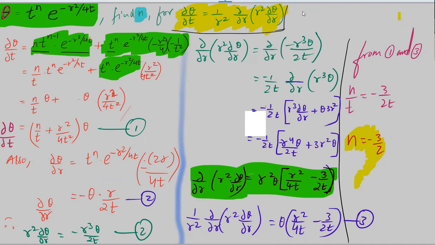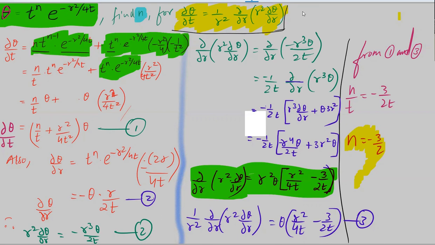Now, if in the question you see, second part is ∂ by ∂r. So now we have to differentiate theta with respect to r. So ∂theta by ∂r, t raised to n constant out. E raised to anything, derivative is that only. And again, whatever is in the power, we have to differentiate that. So 1 upon 4t is constant out.